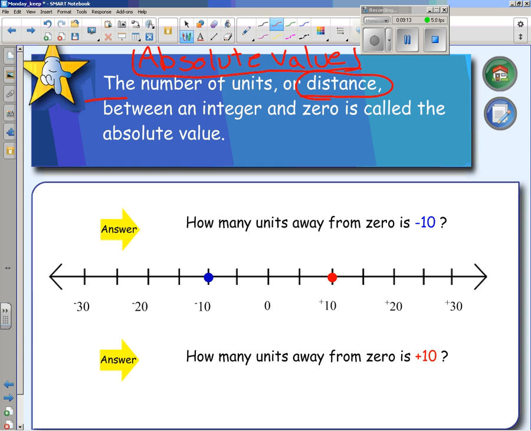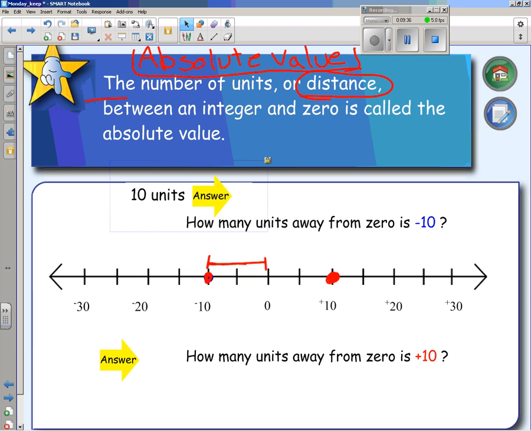So here we have 2 different numbers that have been plotted on this number line. We have negative 10 here, and we have positive 10 here. And our question is, how far away from 0 is negative 10? Well, if we're just talking distance, this distance right here is simply 10.